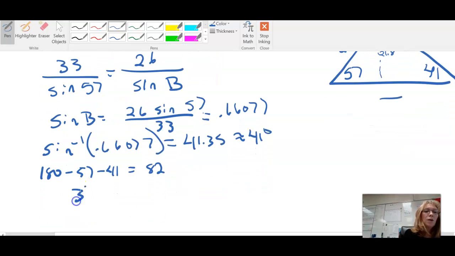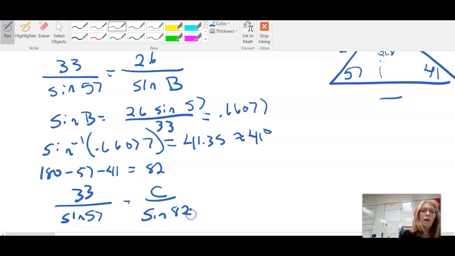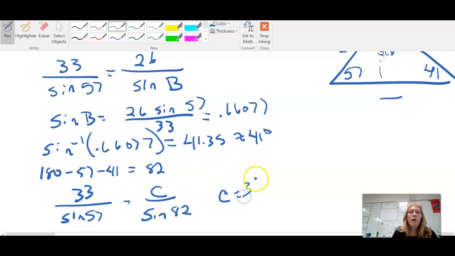So let's do 33 over the sine of 57 equals C over the sine of 82. Do your math. Now when you solve for C, you should have gotten C equals 38.96, or when you round that, 39. All right, I hope you had fun with that one.